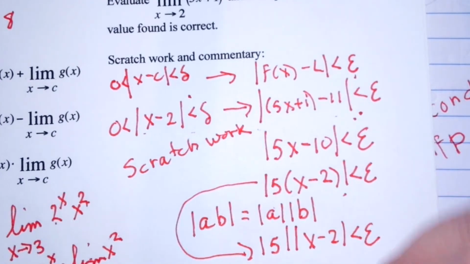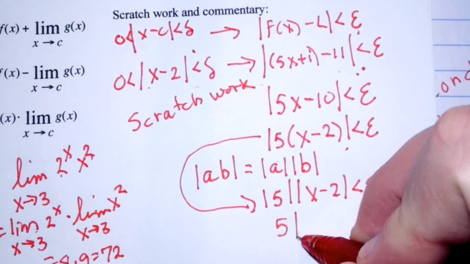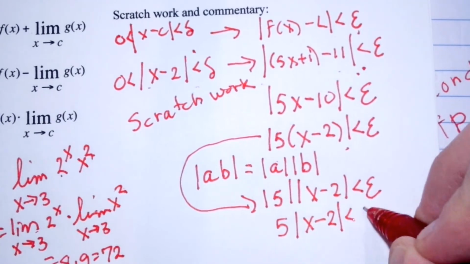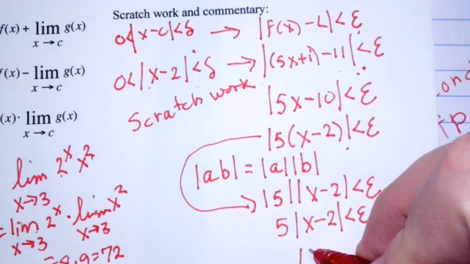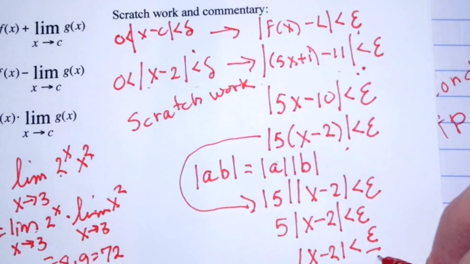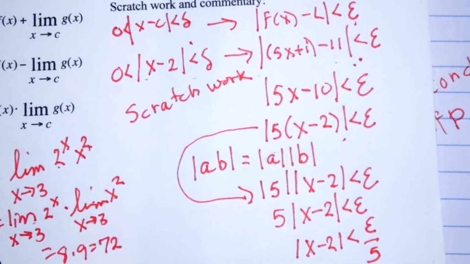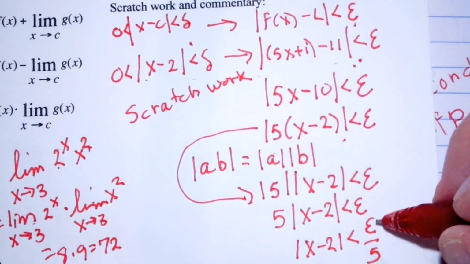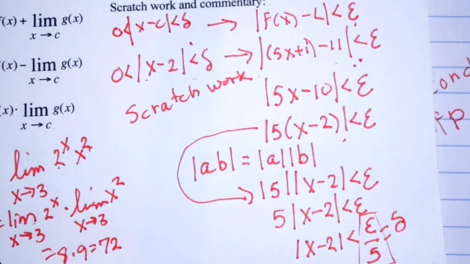Well, the absolute value of 5, of course, is just 5. So we have 5 times the absolute value of x minus 2 is less than epsilon. And now we can divide both sides by 5, and we get the absolute value of x minus 2 is less than epsilon over 5. This is good. This expression, epsilon over 5, that's what we'll use for delta.